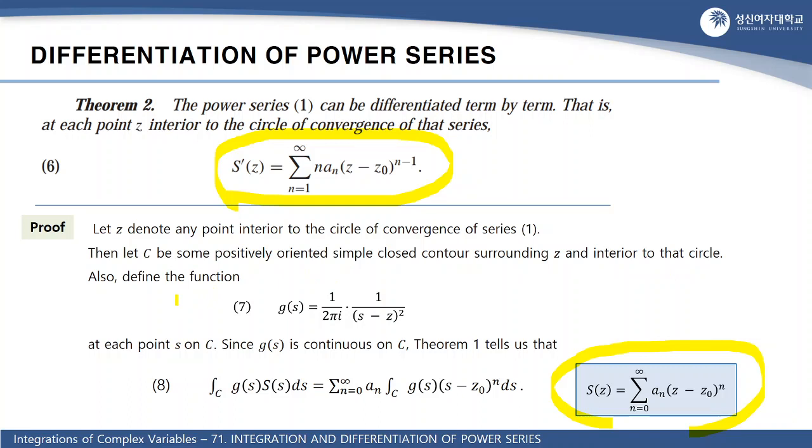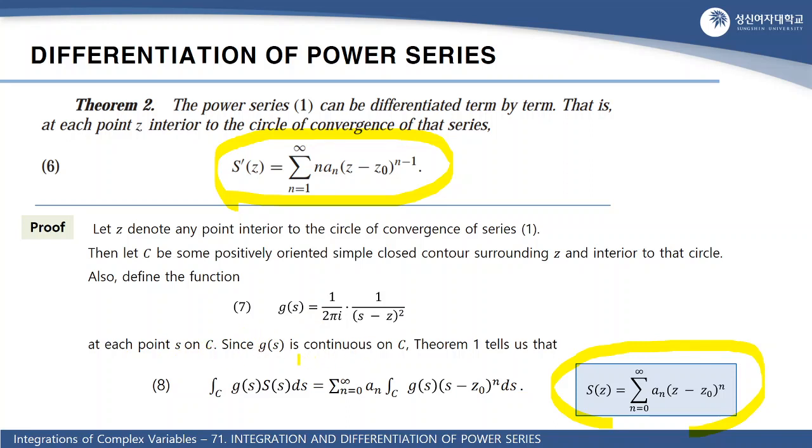Let us also define the function g of s is equal to 1 over 2 pi i times 1 over (s minus z) squared at each point s on the contour C.